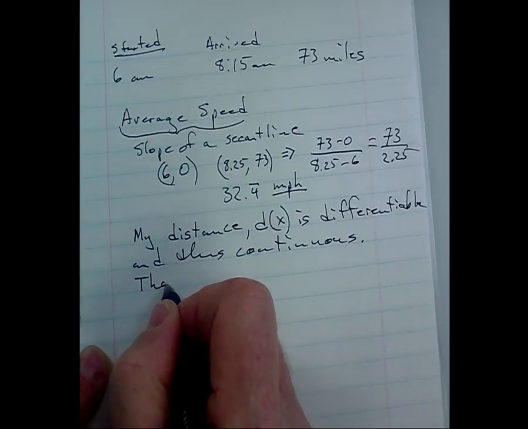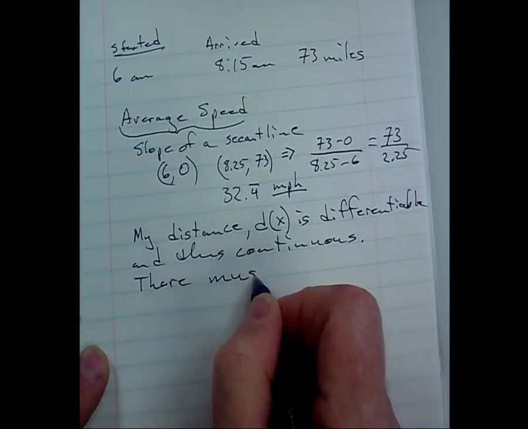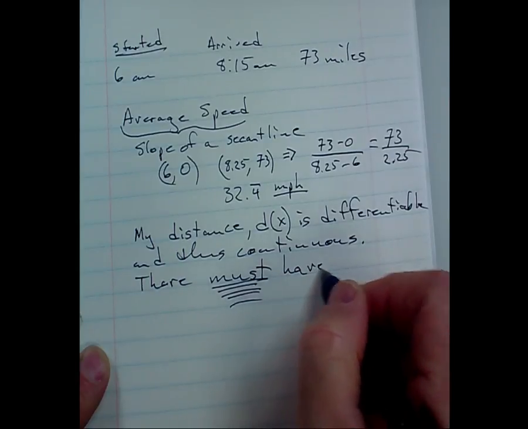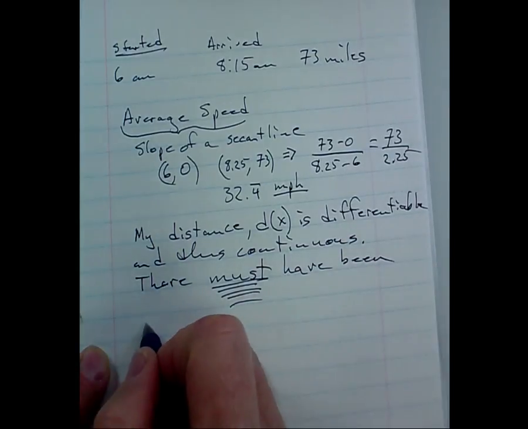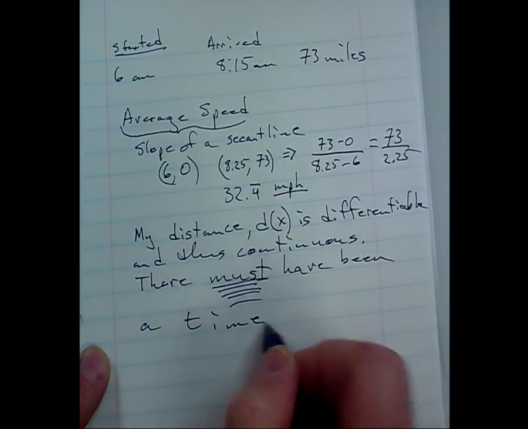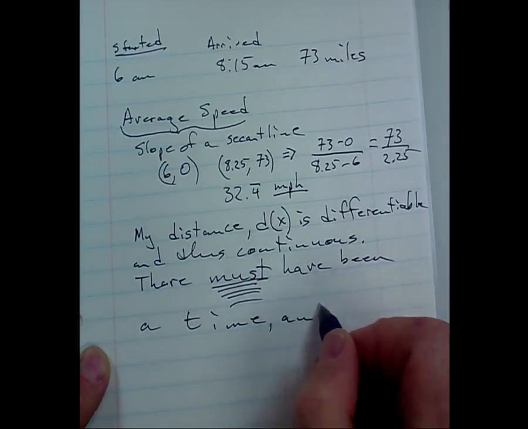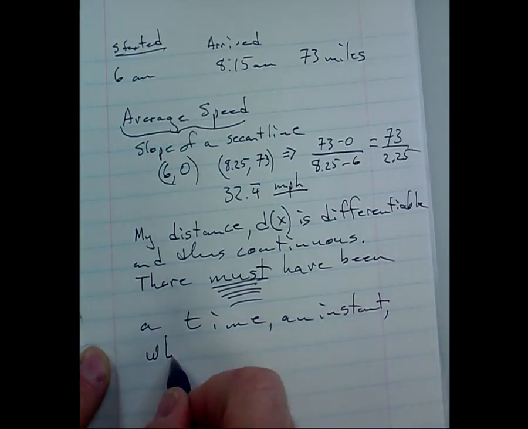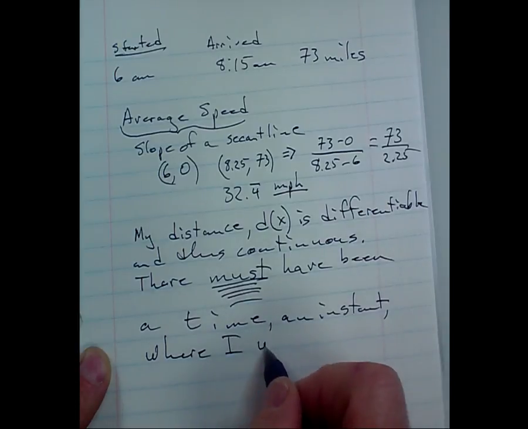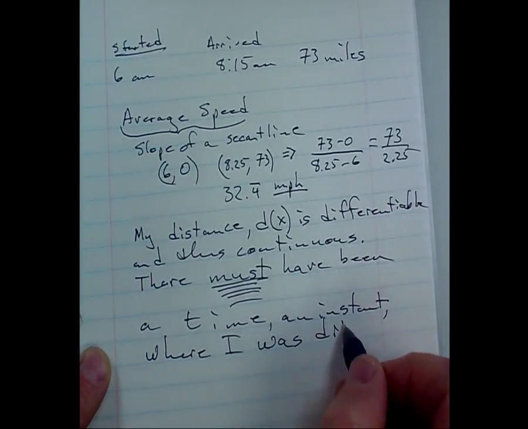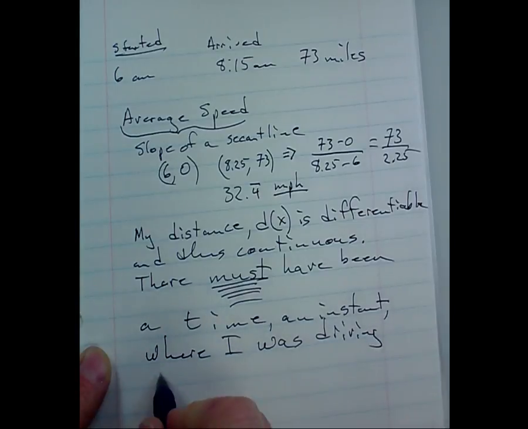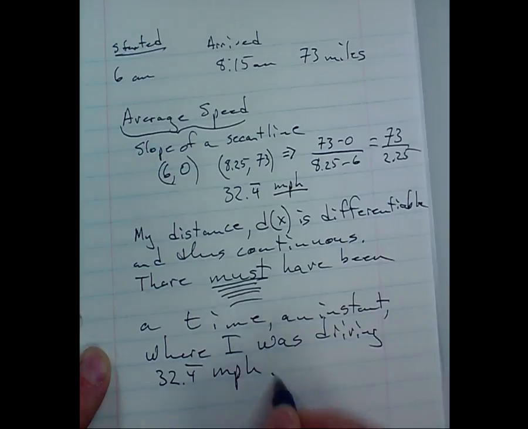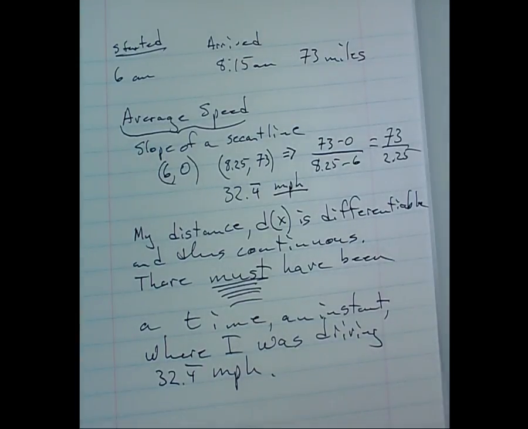There must have been a time, an instant, where I was driving 32.4 repeating miles per hour. Right? At least one time. Wouldn't you agree with that?